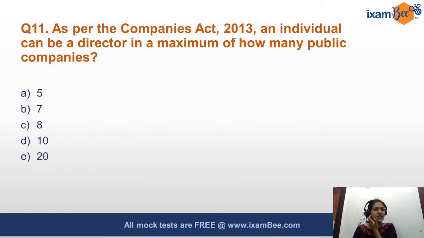Question 11. As per the Companies Act 2013, an individual can be a director in a maximum of how many public companies? So 10B, most of you answered, that is correct.